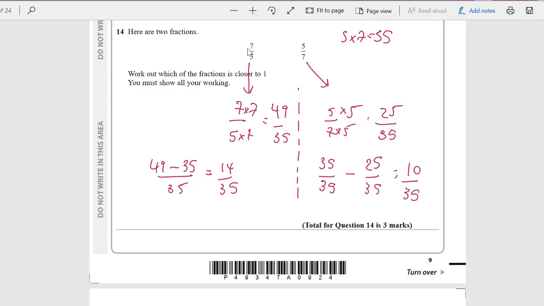So that means that this number is 14/35 away from 1. Whereas this number here, 5/7, is 10/35 away from 1. So we know that this here is closer to 1.